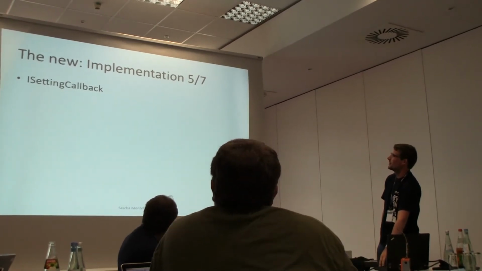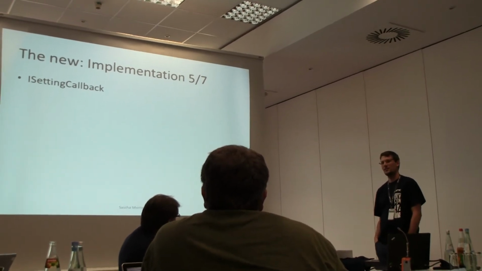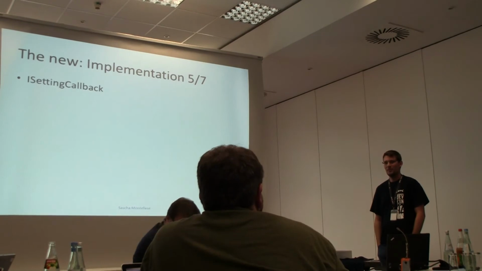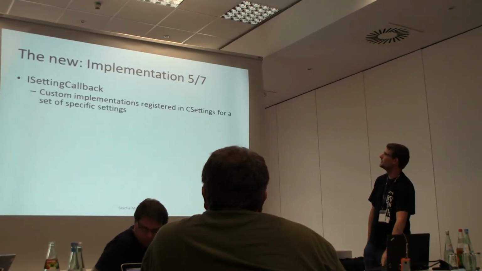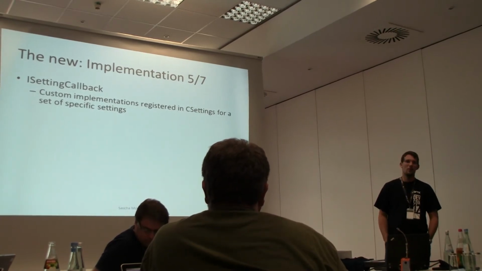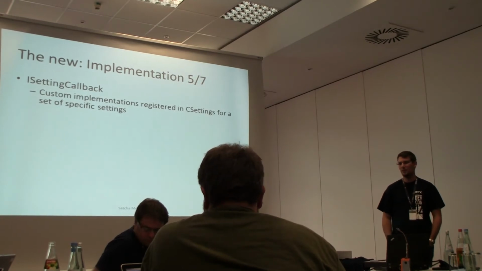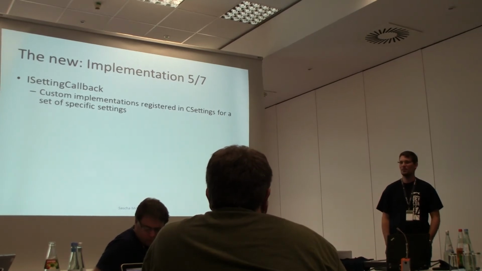There's ISettingCallback, which is the main interface used if you change a setting and you want to do something. So you implement the ISettingCallback interface, and you have to register that you want to be notified about updates to settings X, Y, Z, and whatever. You put together a list and say, if one of these settings changes, call this implementation.